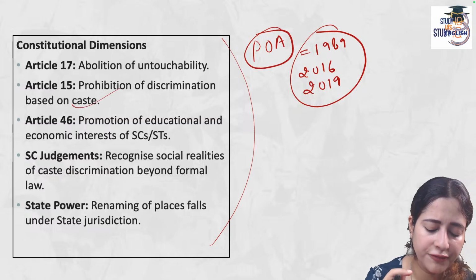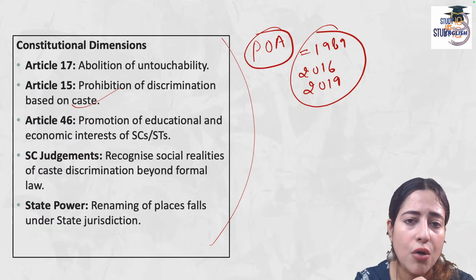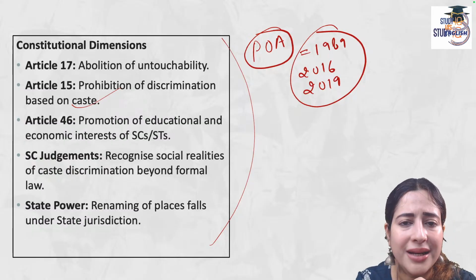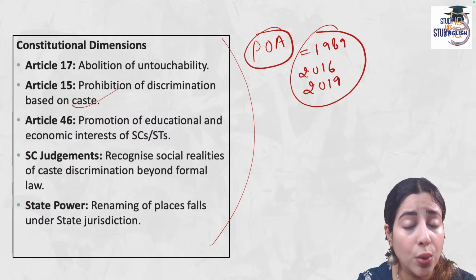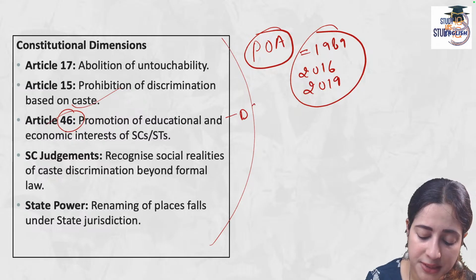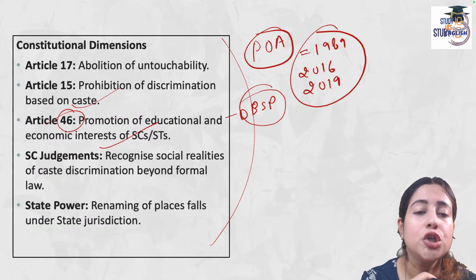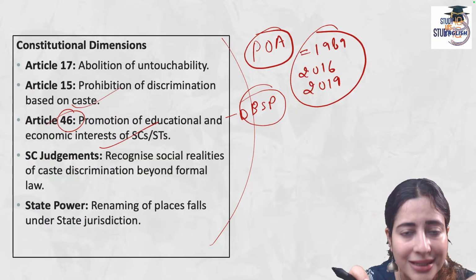Yes, we have Article 15, which says no discrimination in matters of employment or anything else within government control or in civil society on the basis of caste. Similarly, Article 46, a Directive Principle of State Policy, also says that we should promote the so-called backward castes in education and employment.